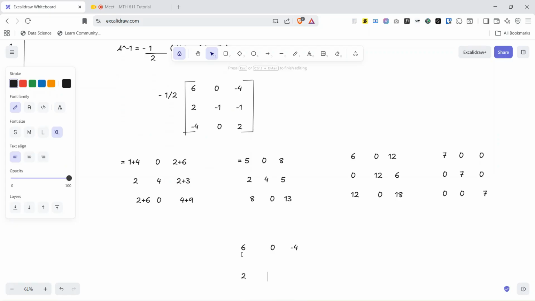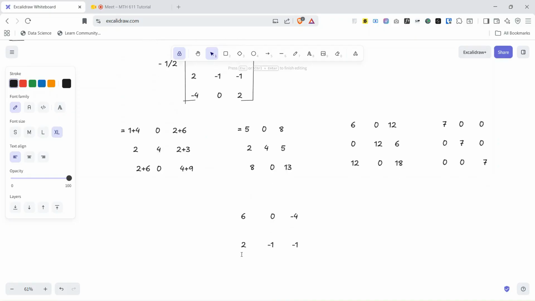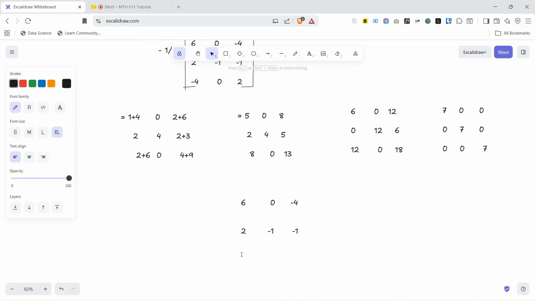Minus 8 plus 7 is minus 1. Then 5 minus 6 is minus 1. Then 8 minus 12 is minus 4. 0, 0. 13 minus 18 is minus 5. Minus 5 plus 7 is 2.